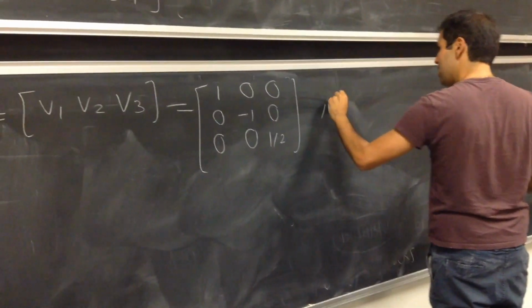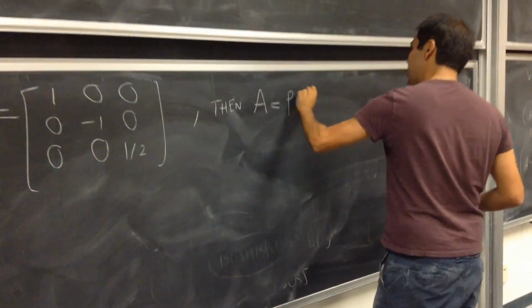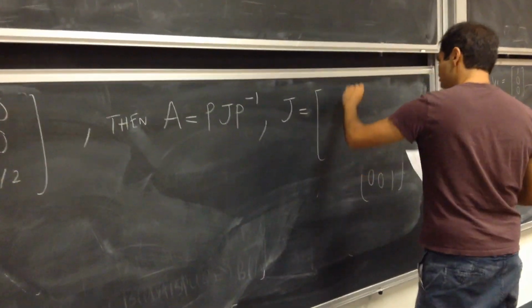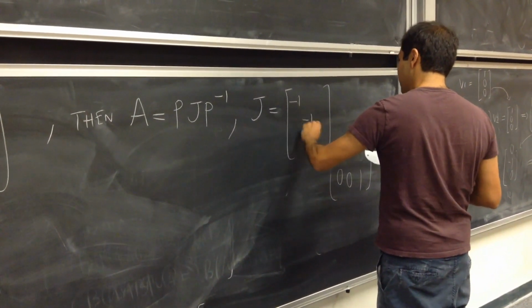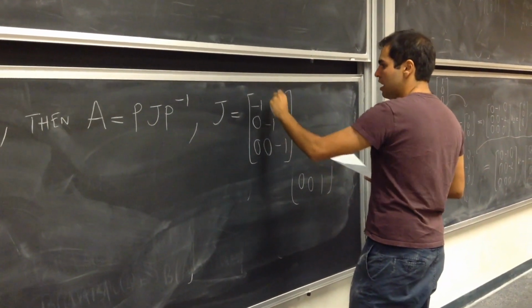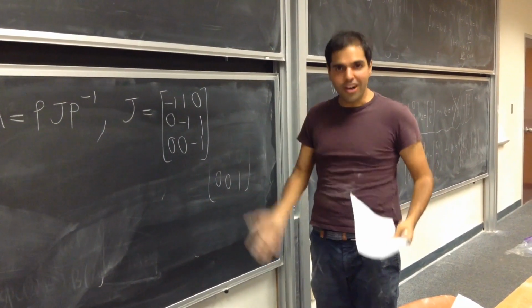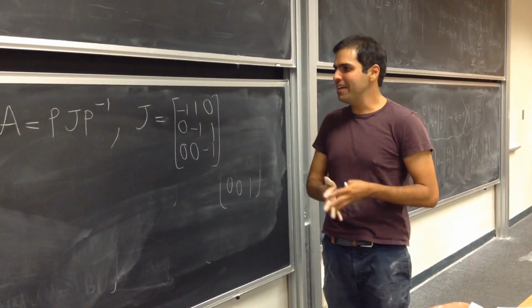Then A equals P J P inverse, where J is the full matrix of minus 1, minus 1, minus 1, so the eigenvalue, and you just put 1 above everything. So those are all three cases you can get for 3 by 3 matrices.